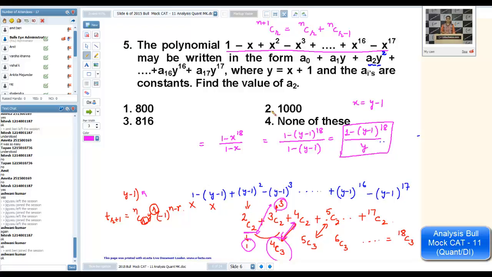We need the coefficient of y square. Since y raised to power 1 is present in the denominator, in the numerator we need the power of y, that is 3. If we find y cube, we get 18C3 only. You can apply the same general term formula and you will get 18C3. Both approaches work. It is a matter of clicking; if you are comfortable with formulas, it will click. Is it okay?